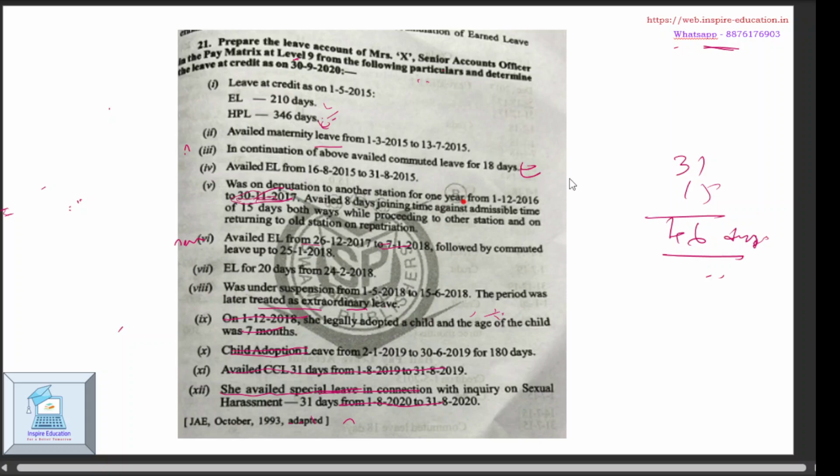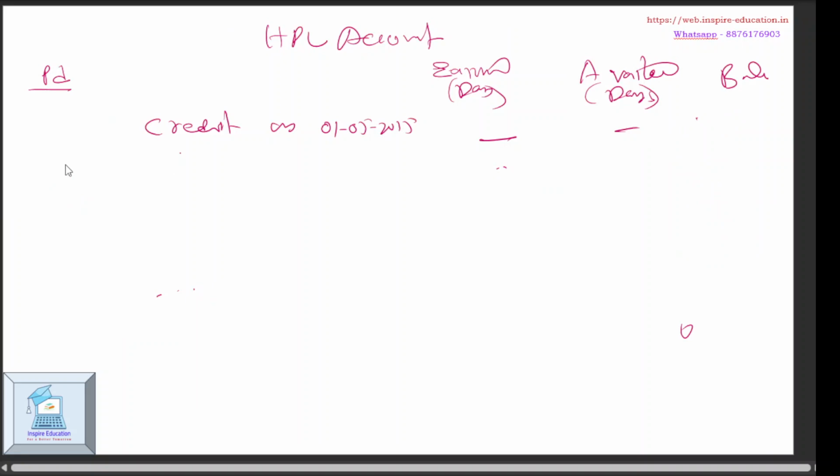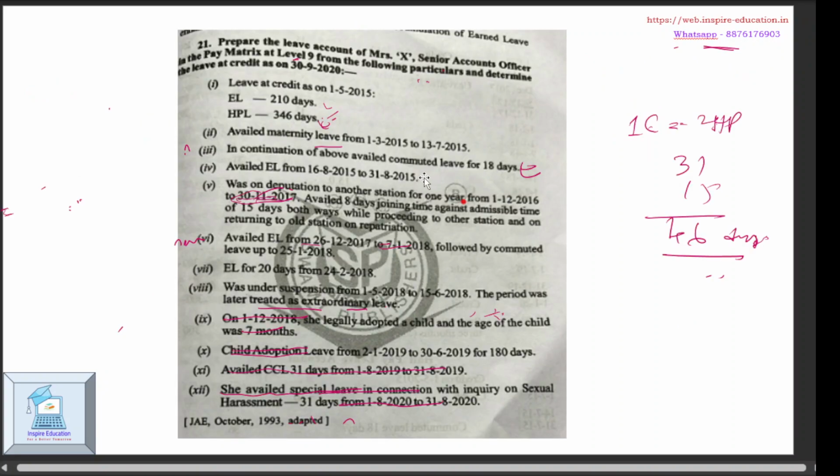So one commuted leave is equal to 2 half pay leave, we know, and every half year 10 days of HPL is credited. So credit as on 1/5/2015 is given. After that he has taken commuted leave on which date? Let us go and see again. It is on 14/7, yes, 14/7/2015. So 18 days calculation will be given from 14/7/2015.